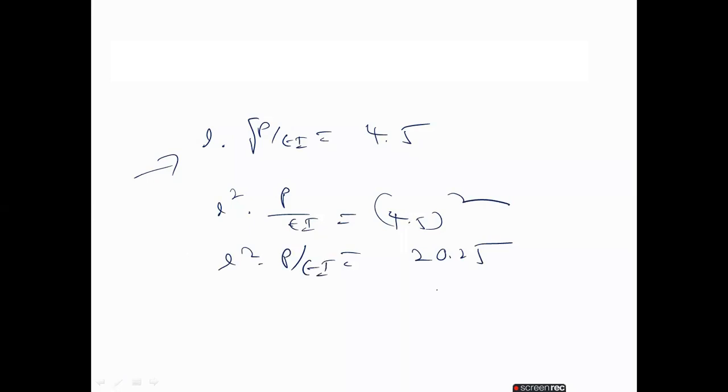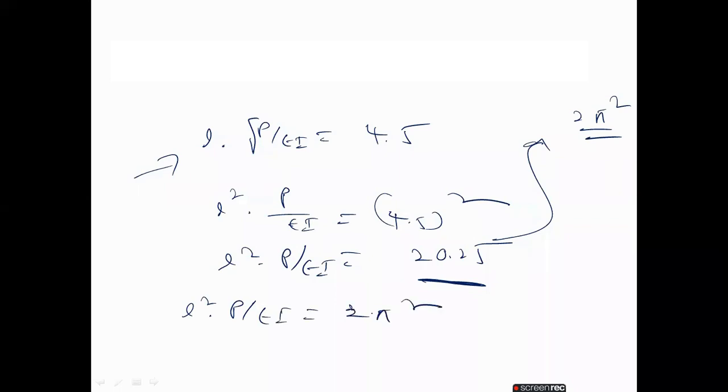Okay, 20.25 is almost equal to 2π². So the next step is L² into P/EI equal to 2π².